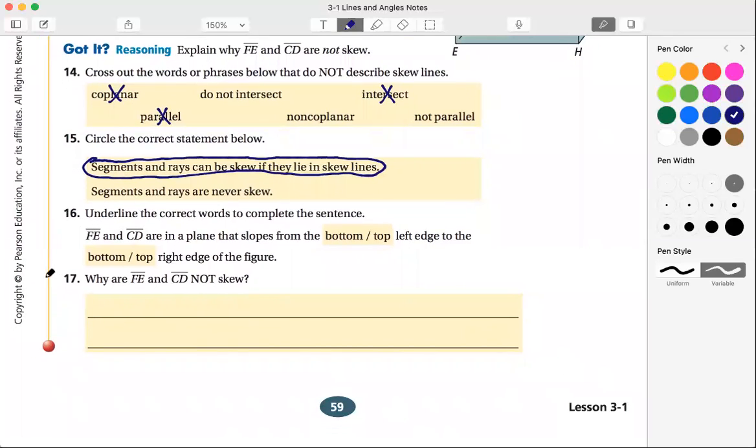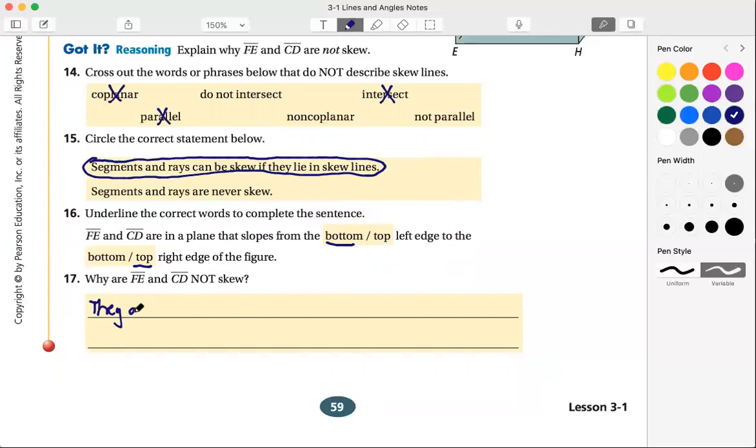Okay, 16. Underline the correct word to complete the sentence. So FE and CD are in a plane that slopes from the bottom left edge to the top right edge of the figure. Why are FE and CD not skew? Okay, so I would say the following.